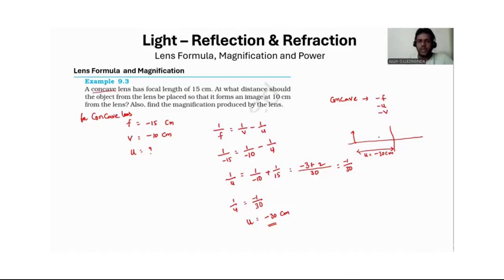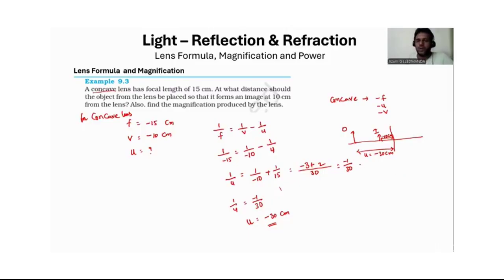Then we have the image that is 10 centimeters. So here somewhere we got the image. This is O, and this is I. So this distance is 10. You following, right, guys? So this is also minus. So this is how you can find. So the object should be placed at a distance of 30 centimeters in front of the lens.